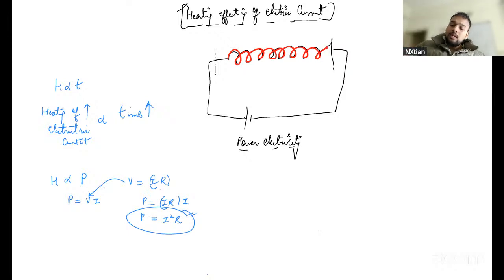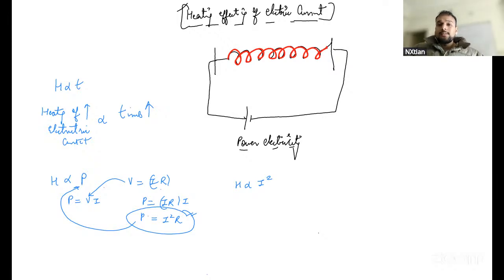Now, it means that if I replace this P from here, then what will we get? That heat is directly proportional to I square also. Means if a lot of current is coming into the appliance, it will dissipate a lot of heat.